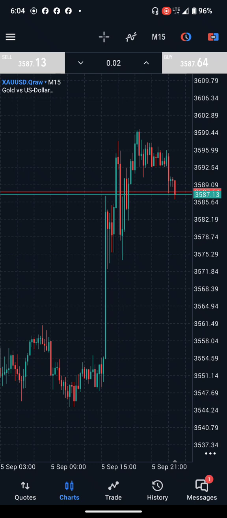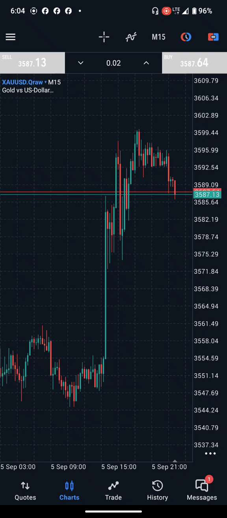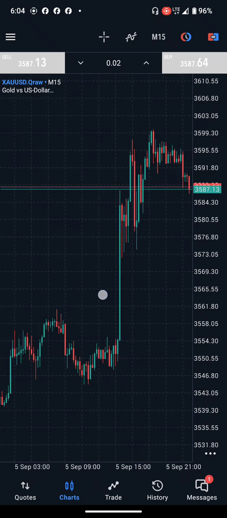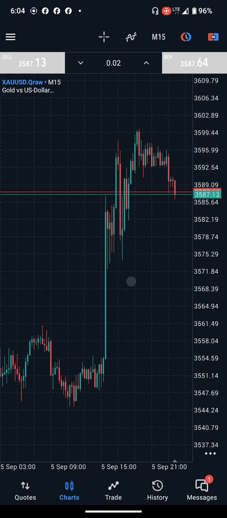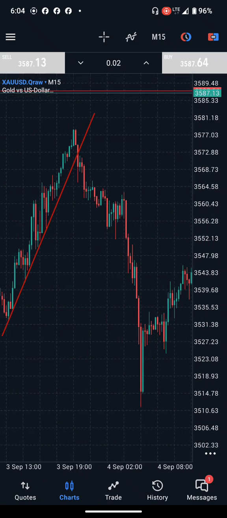Why rejection? If the market taps that zone, it will reverse back. If you watch the previous video where I was demonstrating it on TradingView, I've explained everything. Now, let me just give an example of a rejection zone from this chart.